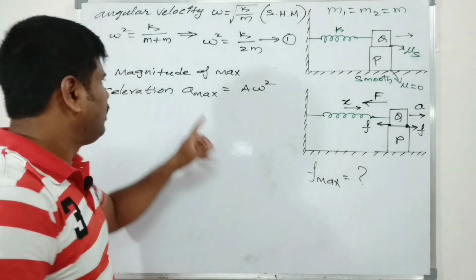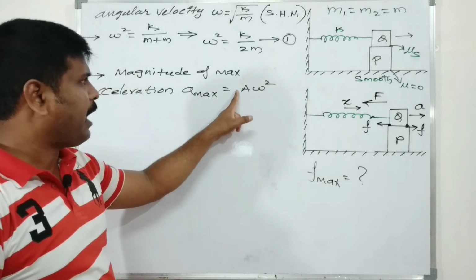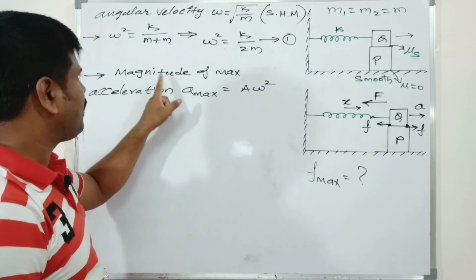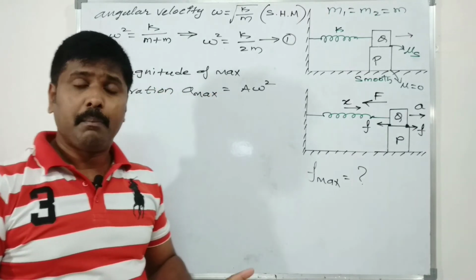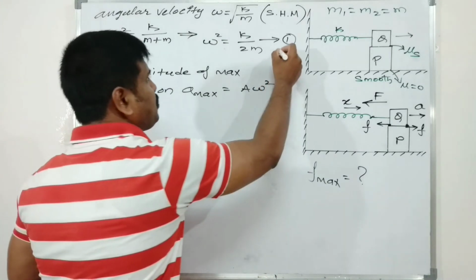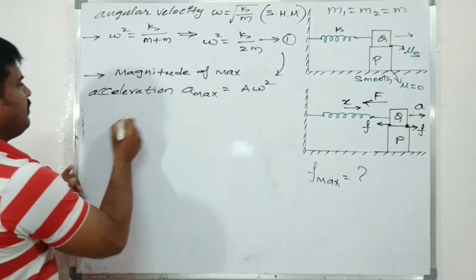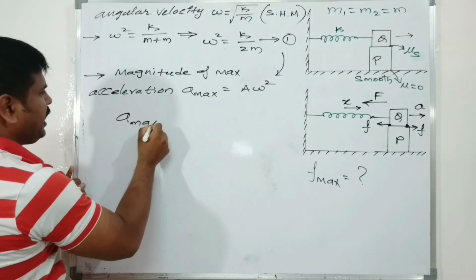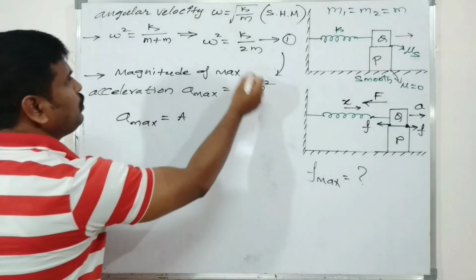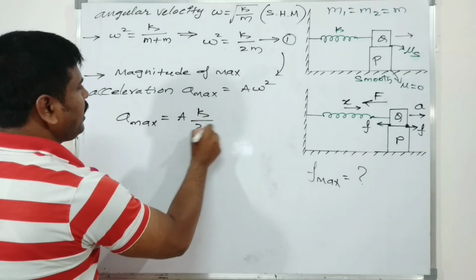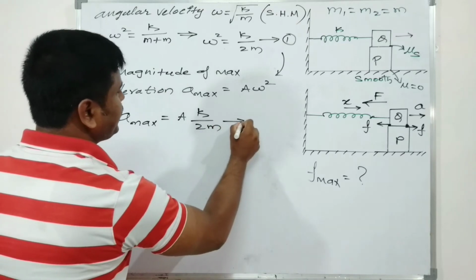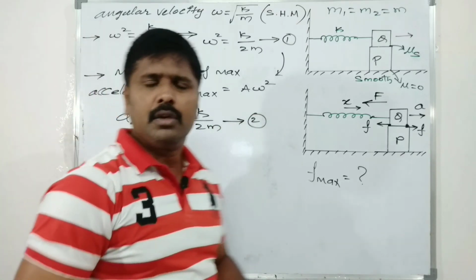Here I am not writing the negative sign, because the reason is that it is the magnitude of maximum acceleration. Replacing this value, we get A max equal to A into k divided by 2m. This is taken as equation number 2.